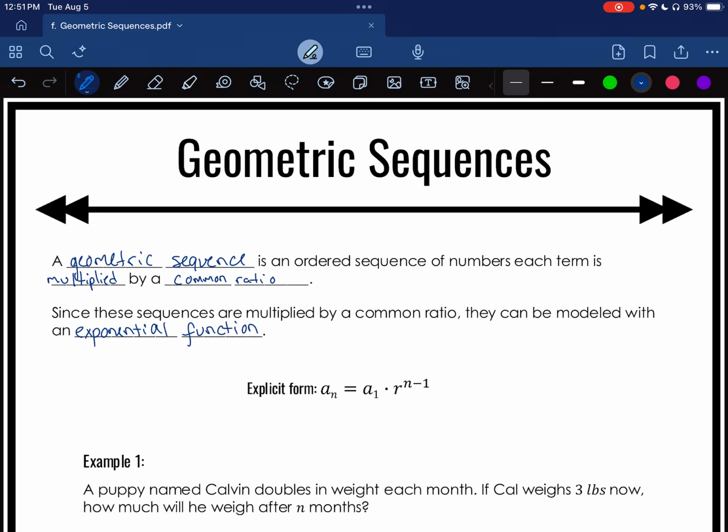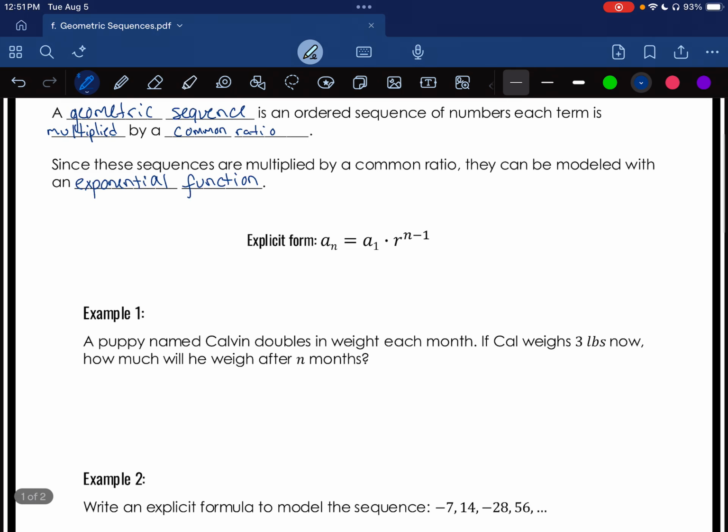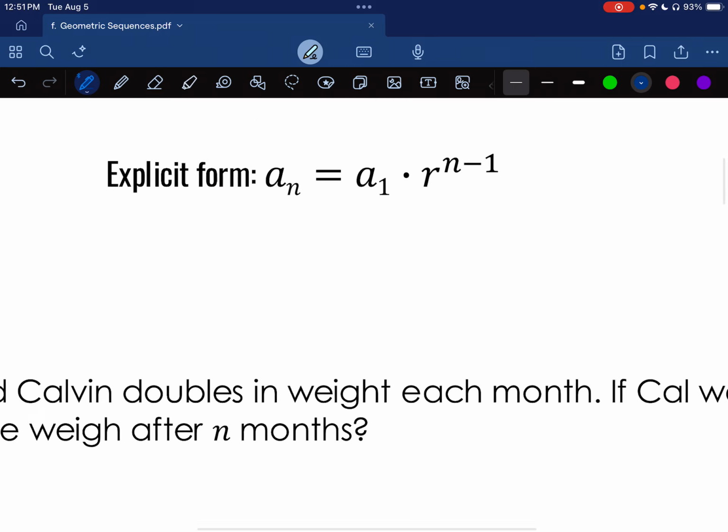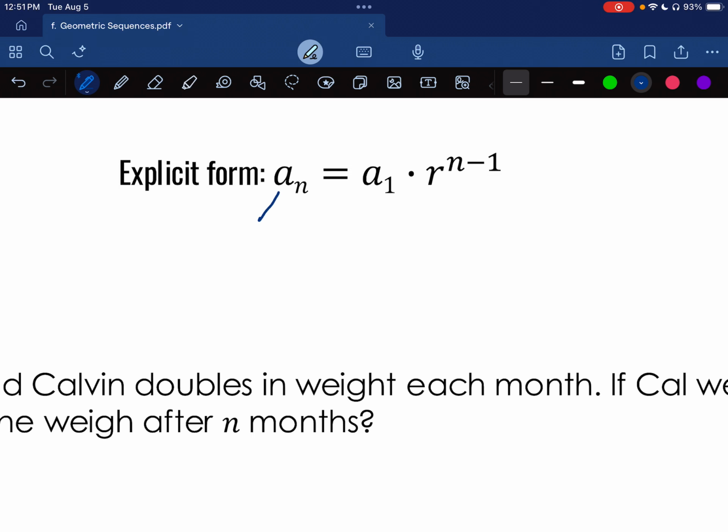All right, so let's look at what's known here as the explicit form. A sub n tells us the value of the nth term, where n is just an integer or a natural number, really telling us what number in place we are.